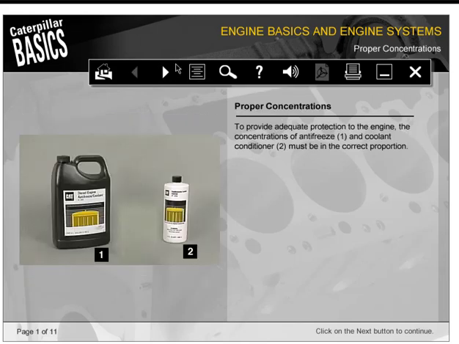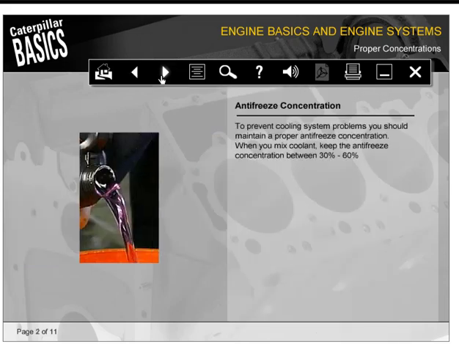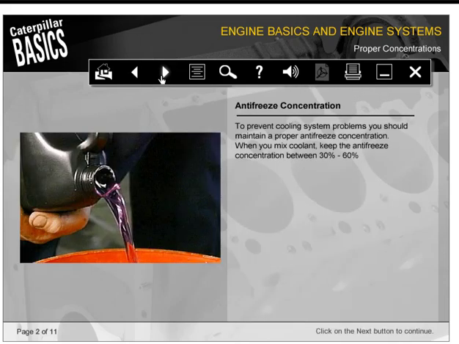To provide adequate protection to the engine, the concentrations of antifreeze and coolant conditioner must be in the correct proportion. To prevent cooling system problems, you should maintain a proper antifreeze concentration. When you mix coolant, it's recommended you keep the antifreeze concentration between 30 and 60%.